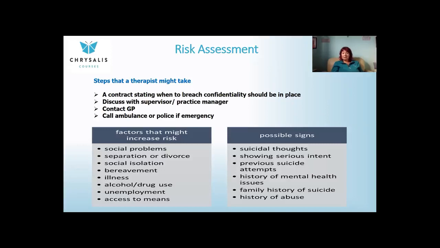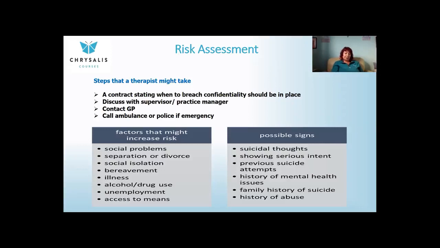And possible signs that someone is intending to commit suicide: suicidal thoughts, but those on their own don't necessarily mean that client's going to do that. But showing serious intent, previous suicide attempts, so if they've done it once, we know they can do it again, a history of mental health issues, a family history of suicide, and a history of abuse are all signs that we really need to take seriously, that this person could be at real risk.